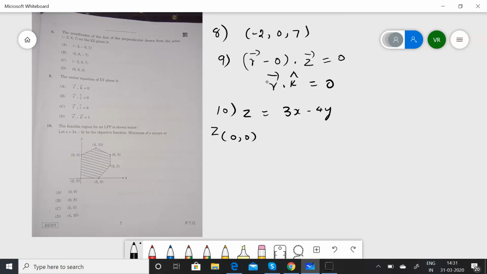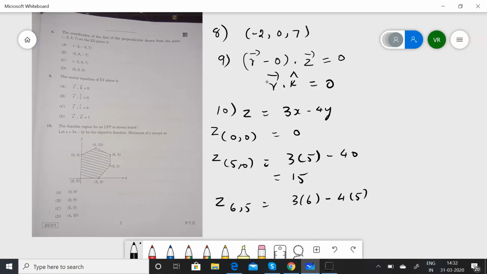Z at (0, 0) is 0 minus 0, which is equal to 0. Z at (5, 0) is 3 times 5 minus 4 times 0, which is equal to 15. Z at (6, 5) is 3 times 6 minus 4 times 5, which is equal to 18 minus 20, which is equal to minus 2.